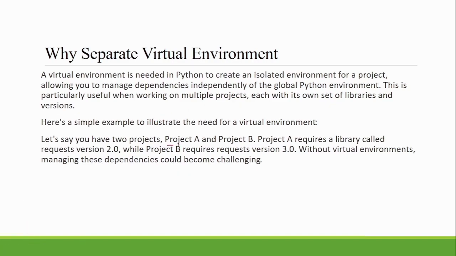Suppose you have a project A and you have another project B. Now project A requires requests version 2.0. Project B requires requests version 3.0. So when you are working with project A, you will download requests version 2.0.